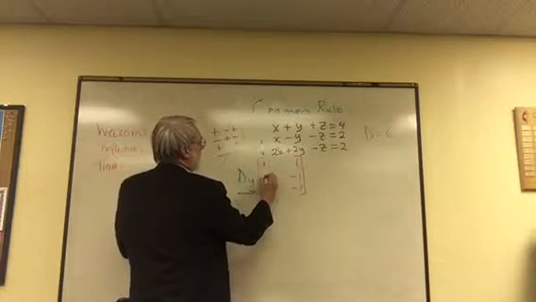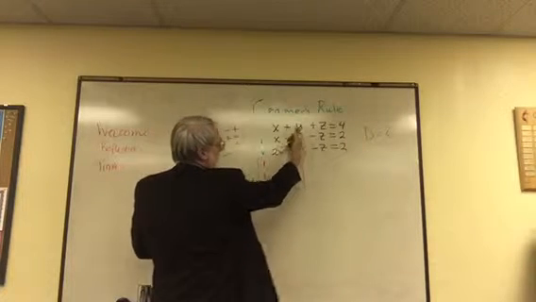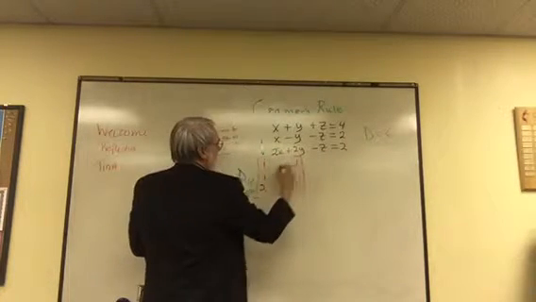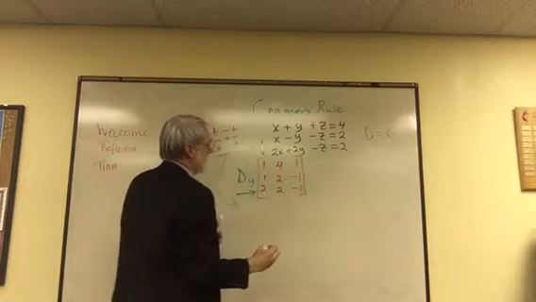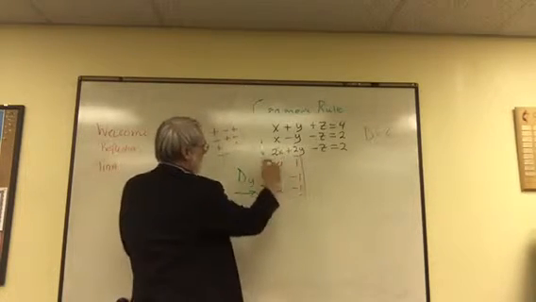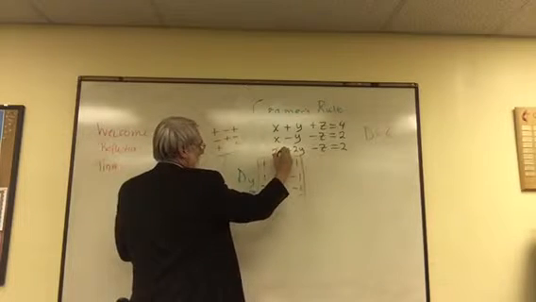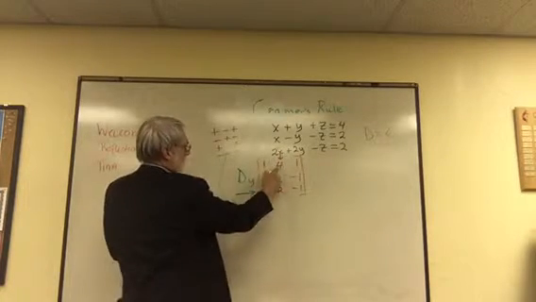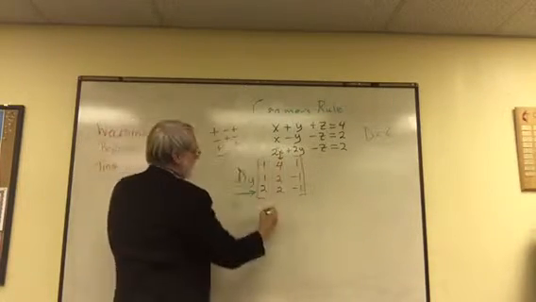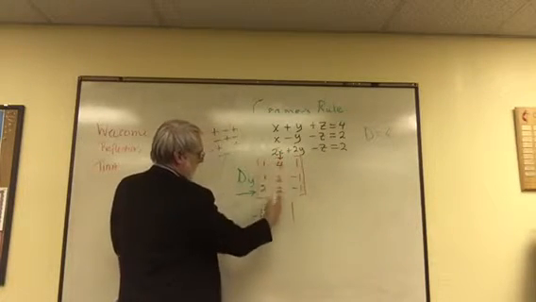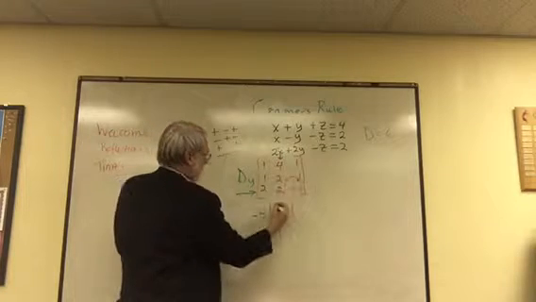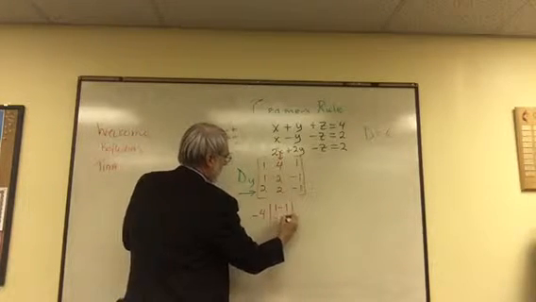So this column remains the same, and these coefficients are replaced with the constants. This time we're going to go down the middle. So whatever's in this position takes on the opposite. So we end up with negative 4 and nothing in this column or this row. So 1, negative 1, 2, negative 1.